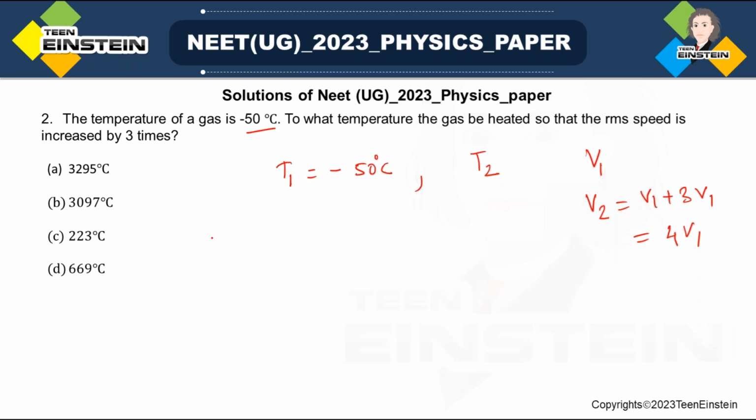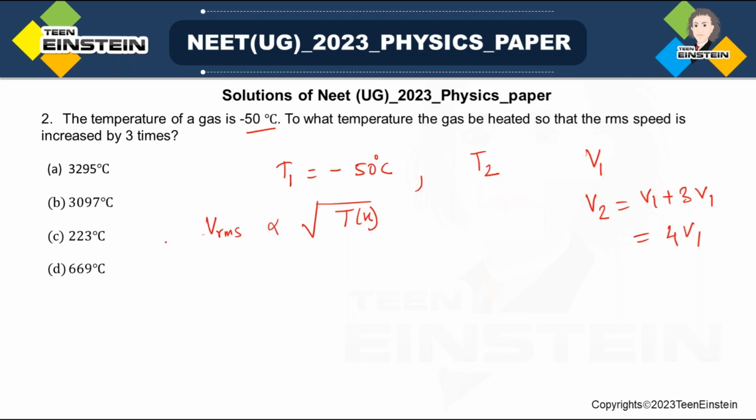See, the RMS speed, or the maximum probable speed, or the average speed, anything, they are directly proportional to the square root of T, and this T is in Kelvin.